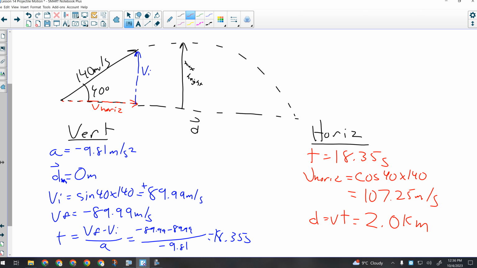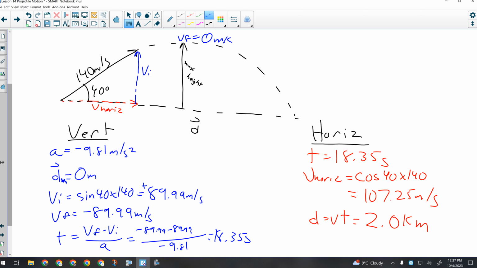Okay. All right. The other part of that question is calculate the maximum height. Okay, at the maximum height, actually 2 of the things I have here change. What 2 things? The final velocity, okay, because here, what's VF? 0.